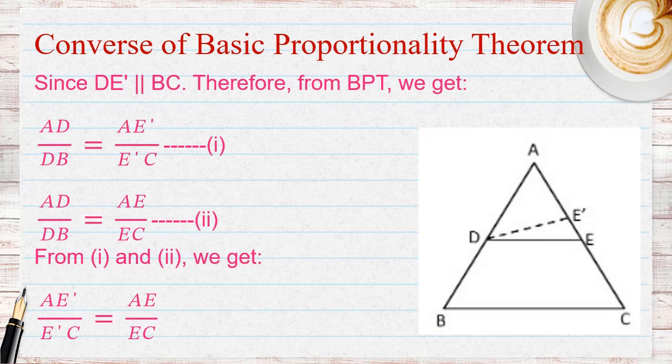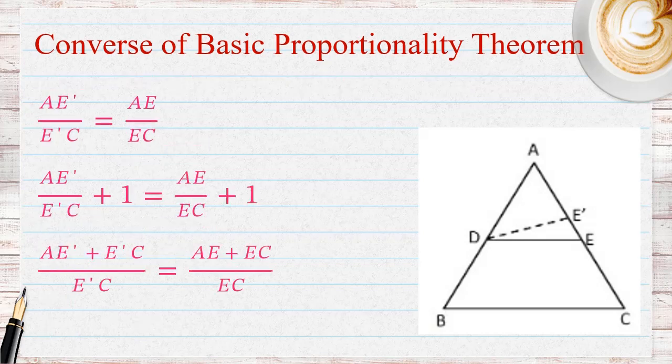Now comparing equation number 1 and 2, we get AE dash upon E dash C equals AE upon EC. Adding 1 to both the sides and after taking LCM we get AE dash plus E dash C upon E dash C equals AE plus EC upon EC, right?